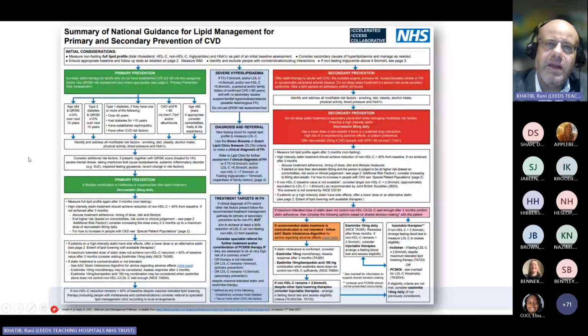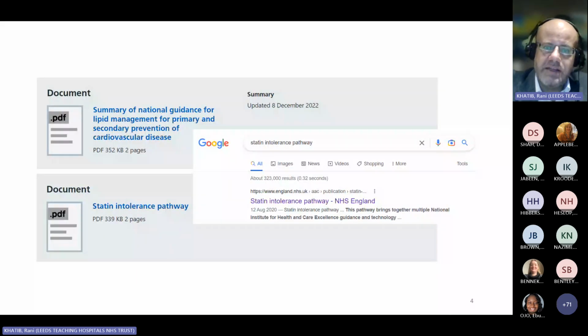And hence, when we drafted the national guidance for lipid management, we insisted on drafting a statin intolerance pathway. So if you Google statin intolerance pathway, you can get it instantly. It brings up the NHS England NICE endorsed statin intolerance pathway.